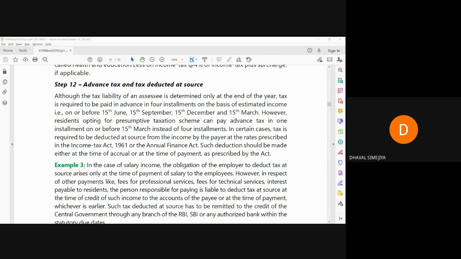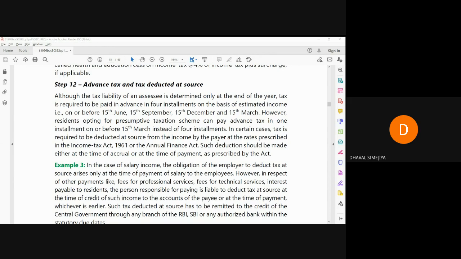So you have to submit your tax amount in small installments. I said, okay, then give me the steps. So the Income Tax Act specified that in 4 installments of your previous year, you are supposed to pay your tax amount.